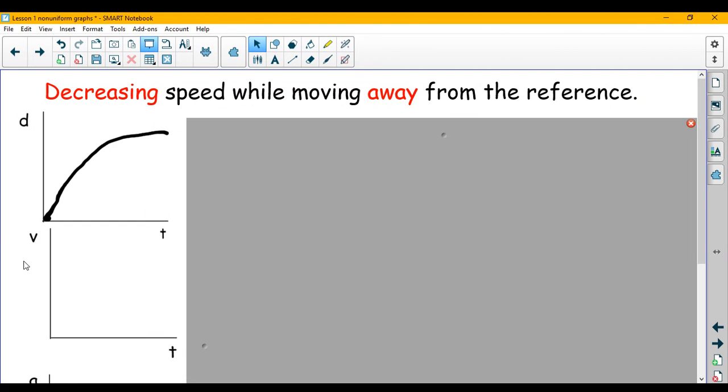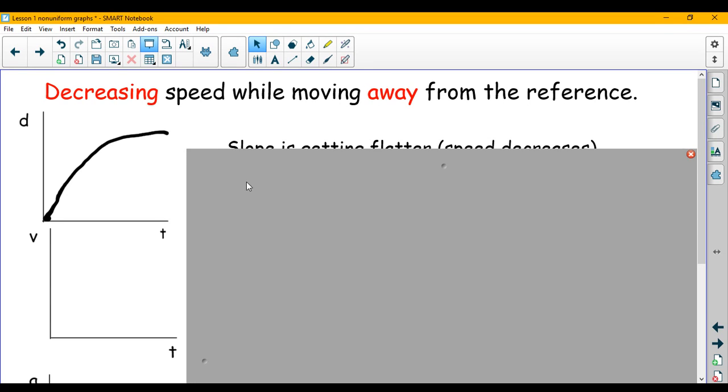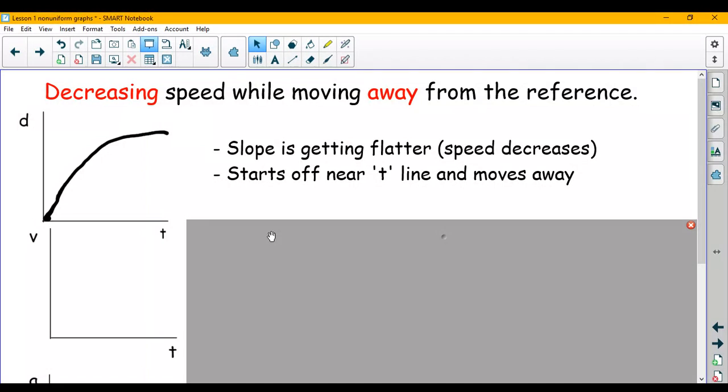Now it still goes up because I am starting at a distance of 0 or close to 0, and it's moving up because I'm moving away from the reference. I'm getting farther from the 0 as I go along. So that makes a big difference.